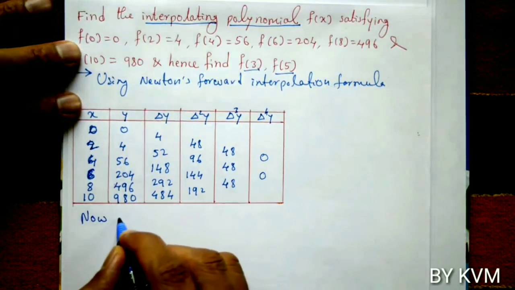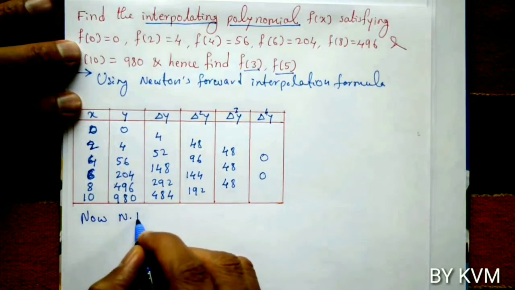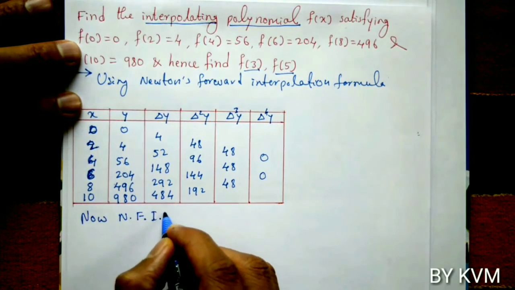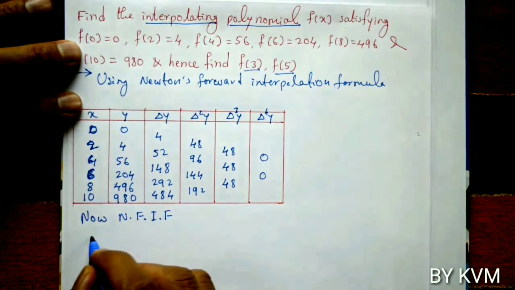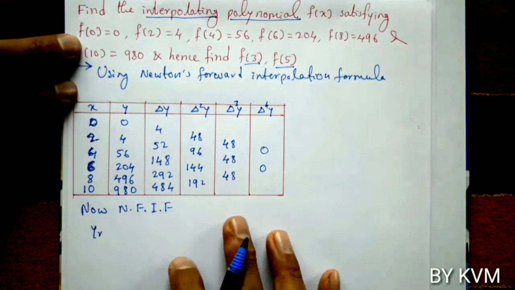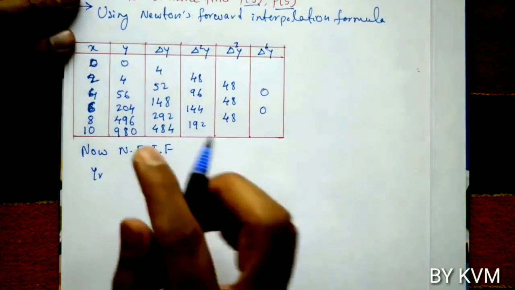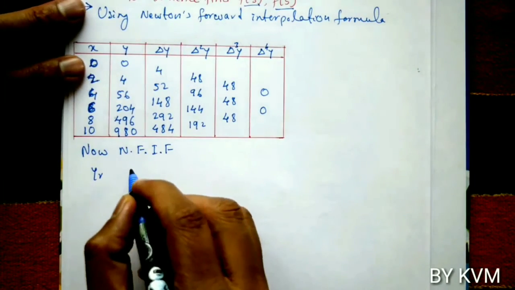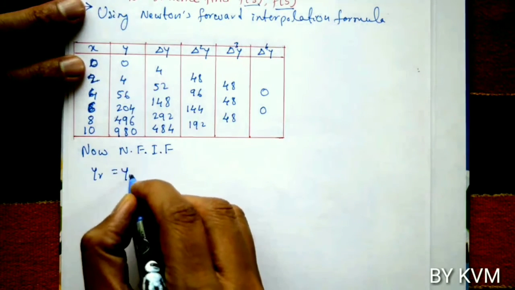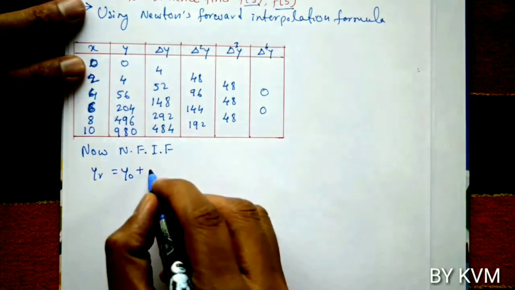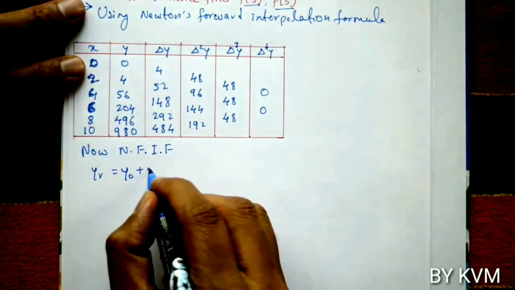So now write Newton's forward interpolation formula up to third forward differences. That is, you have to write the formula up to delta cube y naught. No need to write delta power 4 y naught because it is 0, and 0 multiplied by anything is 0.